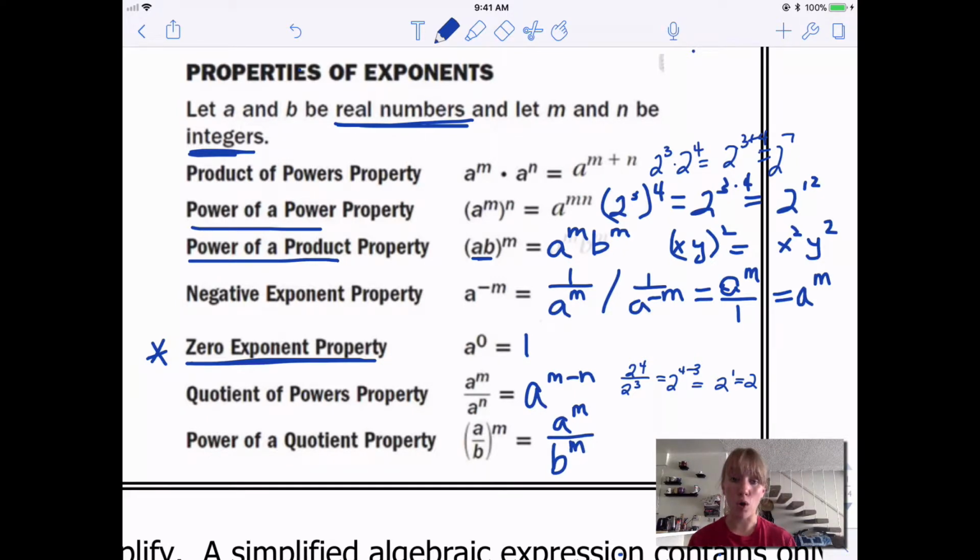So a to the m over b to the m. An example would be if I had x over y squared, that would really be x squared over y squared.